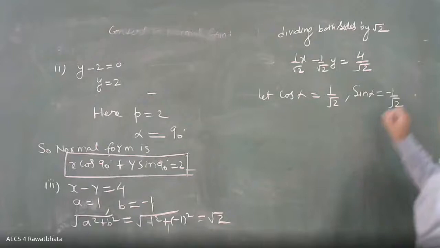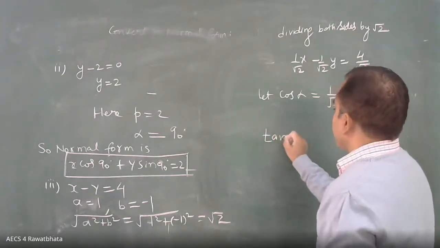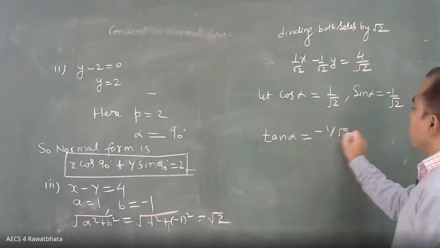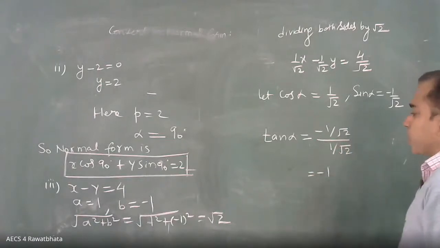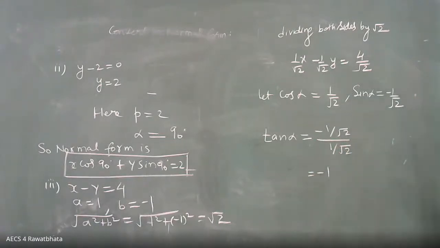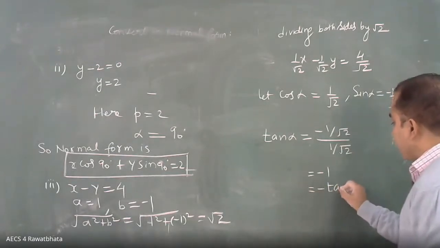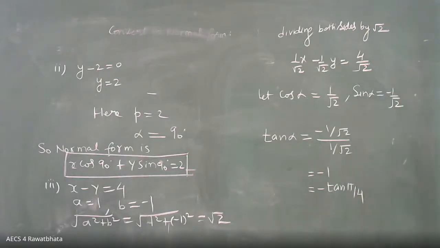Now divide them and get alpha. So if I divide, I will get sin alpha upon cos alpha, which is tan alpha equal to minus 1 upon root 2 whole upon 1 upon root 2. Root 2 get cancelled, minus 1. Right? Which I will write equal to minus tan pi by 4. What next, students?